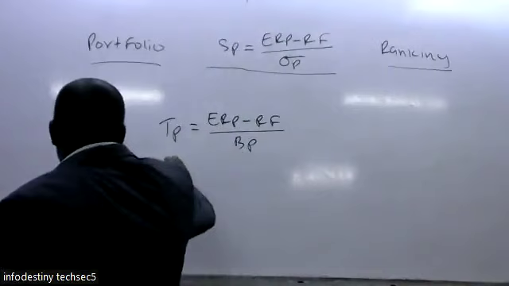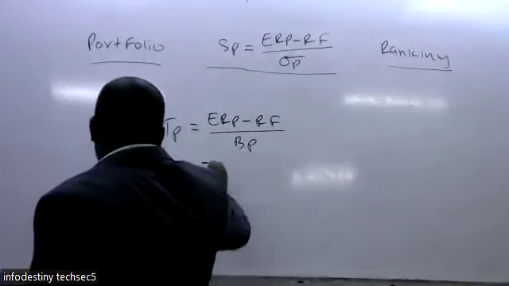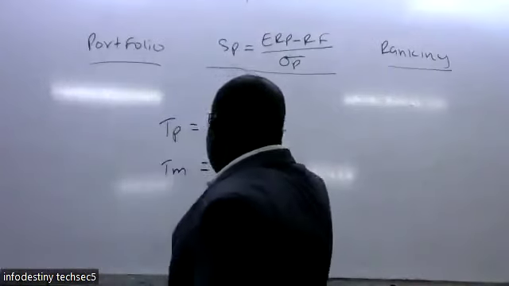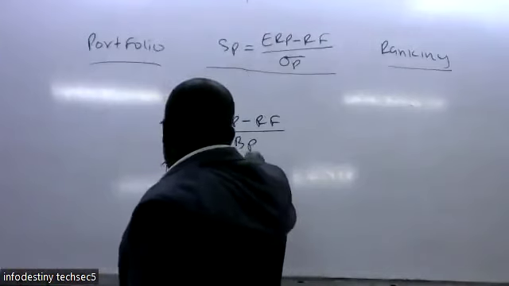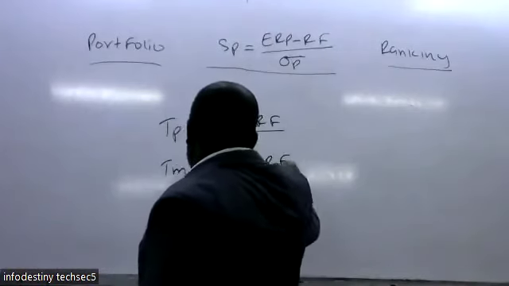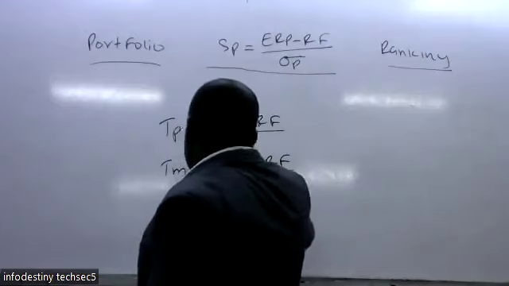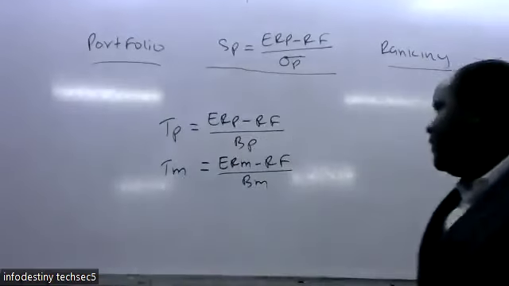So the Treynor of the market will be equal to expected return of the market minus the risk-free rate divided by the beta factor for the market.